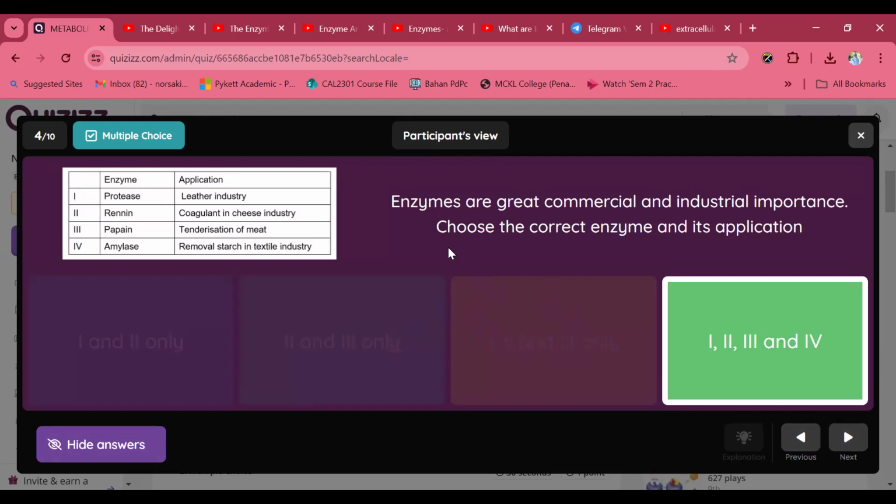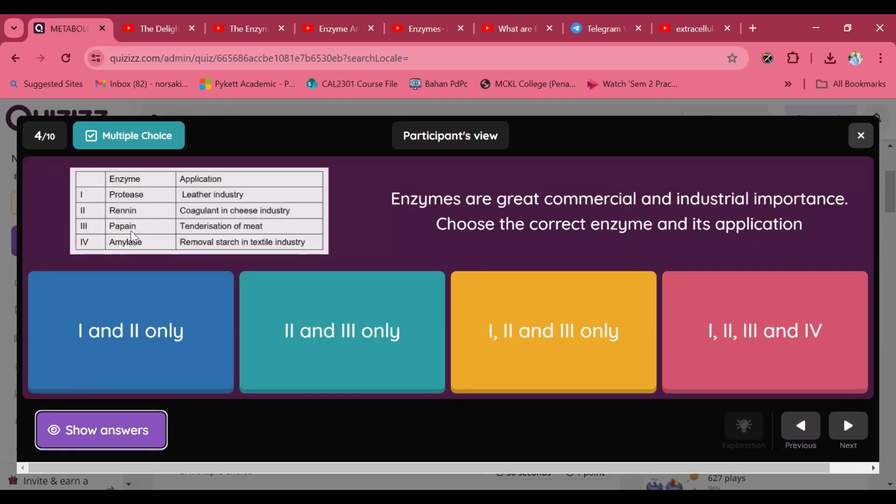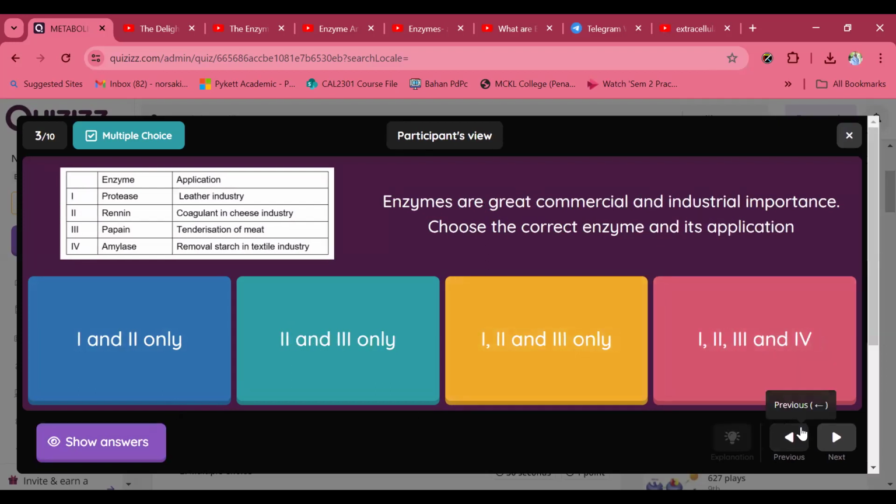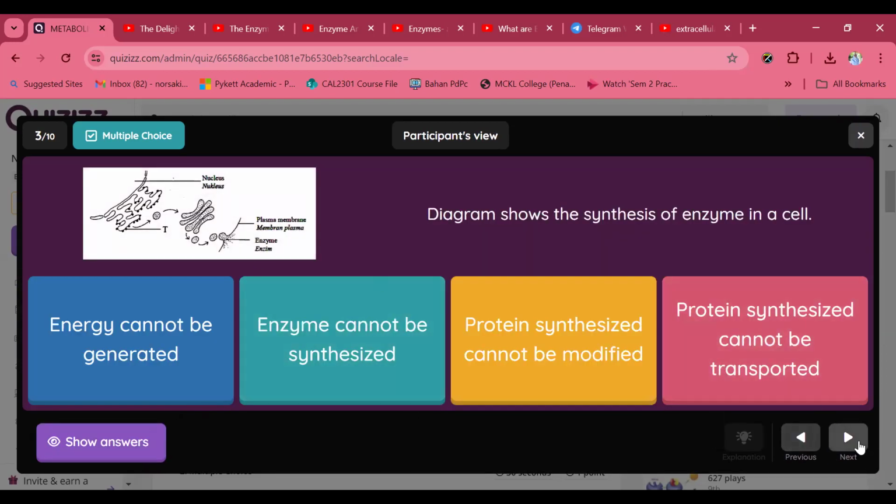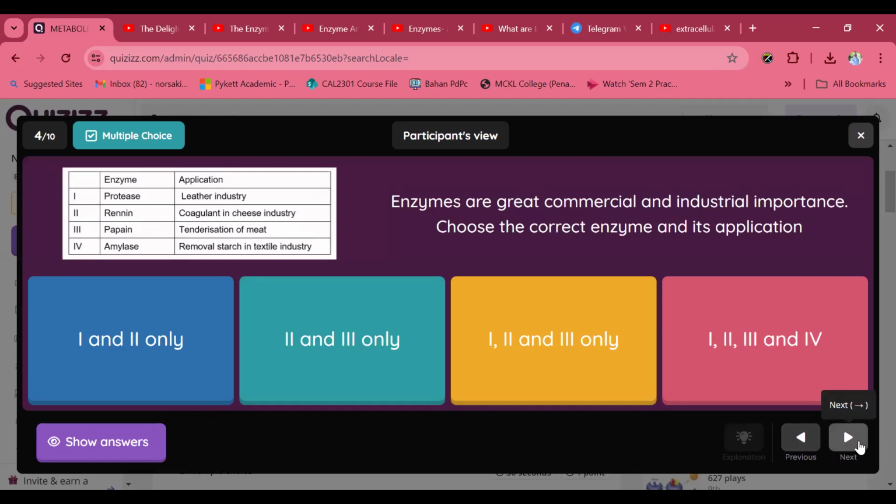Why do they like to ask questions that are not in your textbook? So, extra information: we have renin and papain. They can be used to tenderize the meat and also coagulate the cheese.